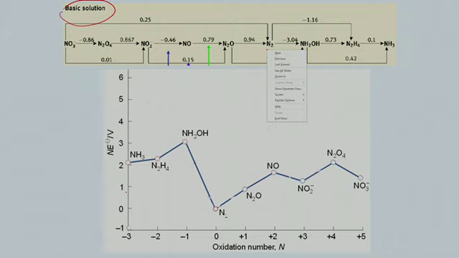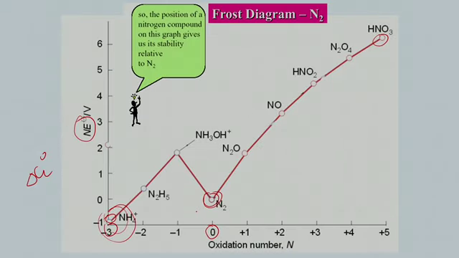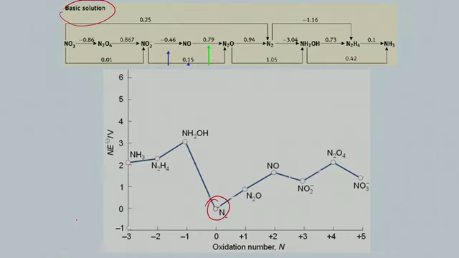This is the acidic medium and the previous one, and this is the basic medium. In acidic medium NH4⁺ is relatively the stable form, but in basic medium nitrogen is the stable form.